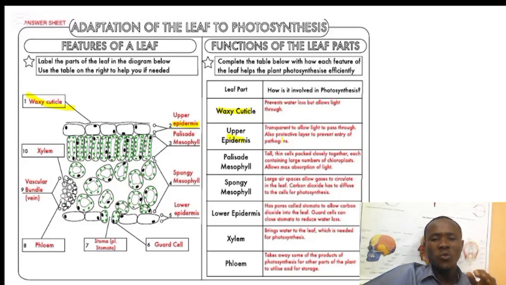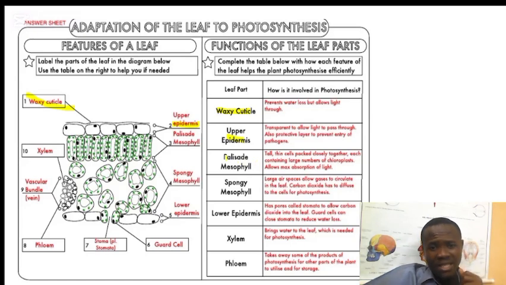And it is also a protective layer which prevents the entry of pathogens. Mind you, if the leaf is diseased, the rate of photosynthesis will be slower. A healthy leaf can perform photosynthesis at a higher rate than a diseased leaf.